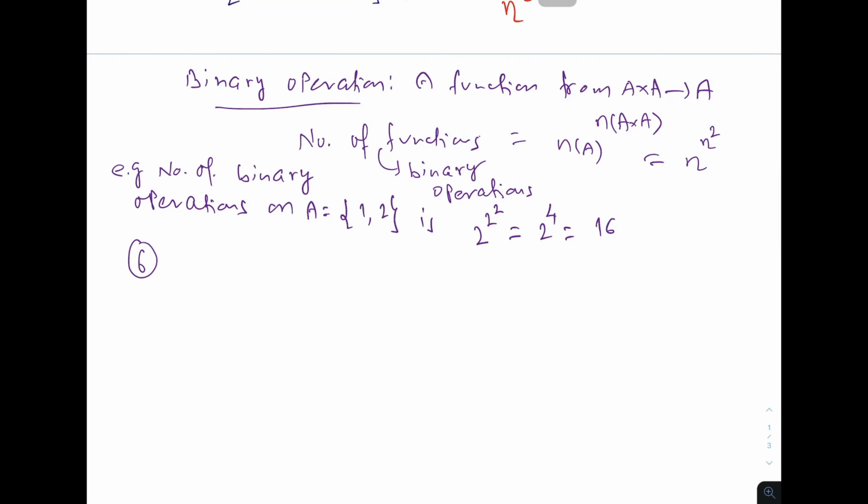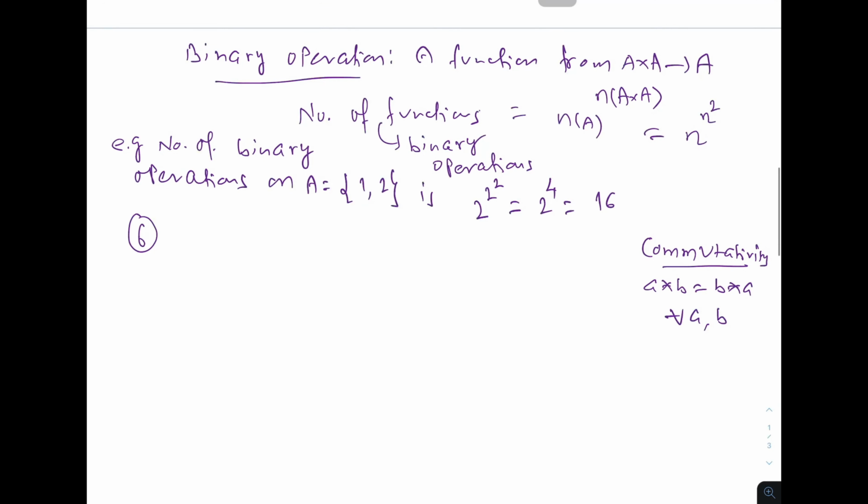Then the commutativity means what? We know this is A star B equal to B star A for every element A, B. Then we call the operation commutative.